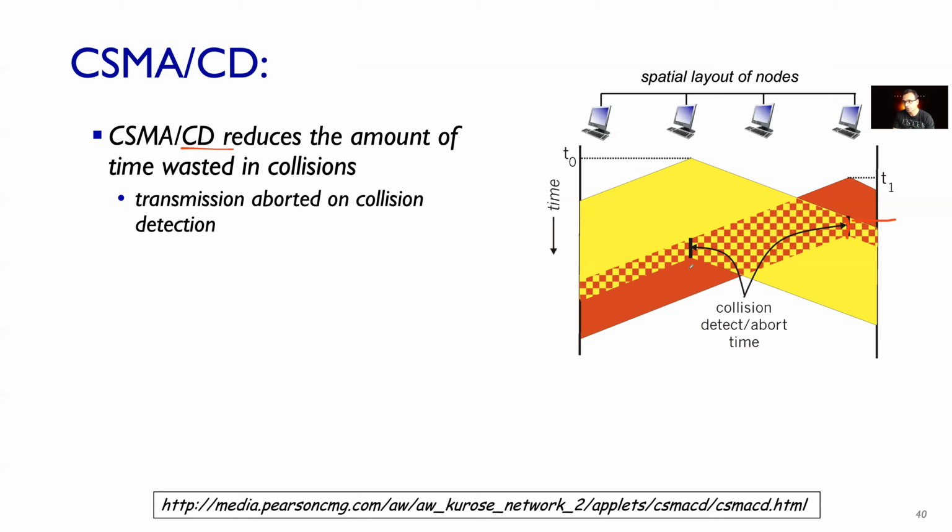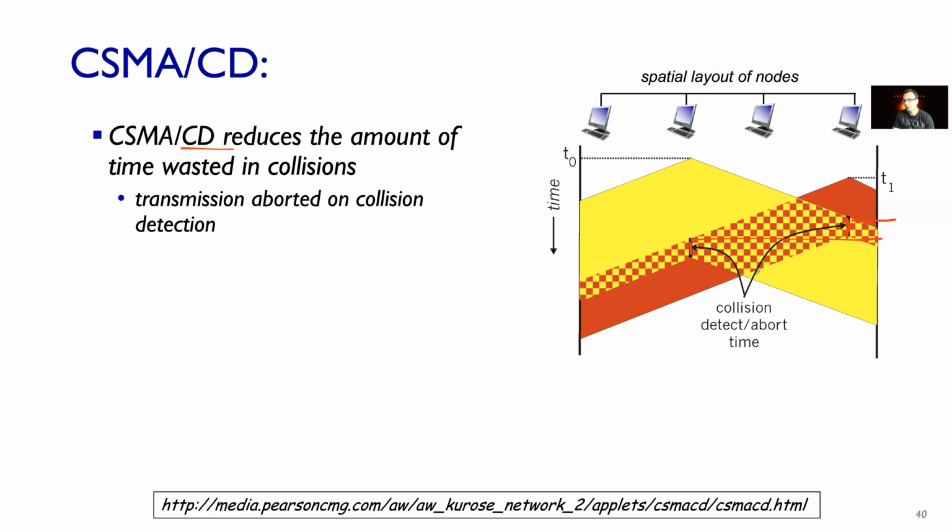Similarly, this node can also do that. Roughly around this point in time, these red bits have reached this node. It also waits a little while to confirm, and then it aborts. So at this point, the yellow transmission is also aborted.